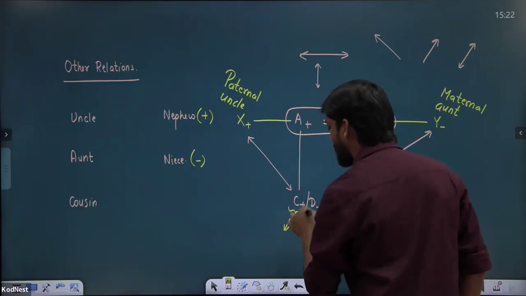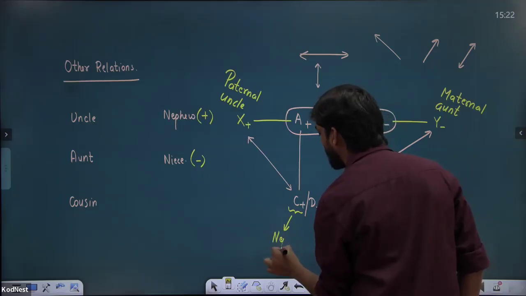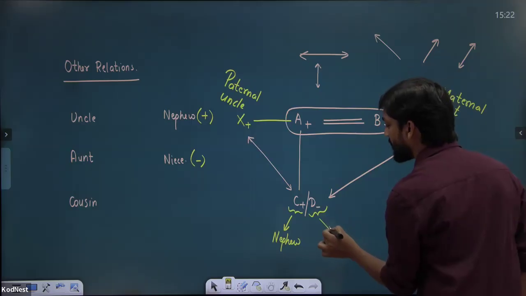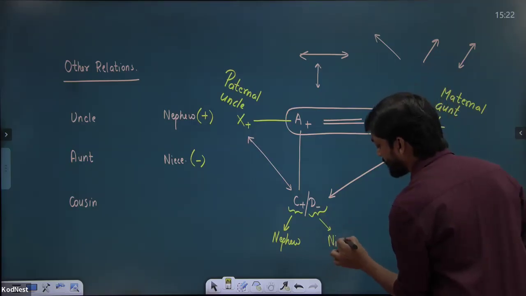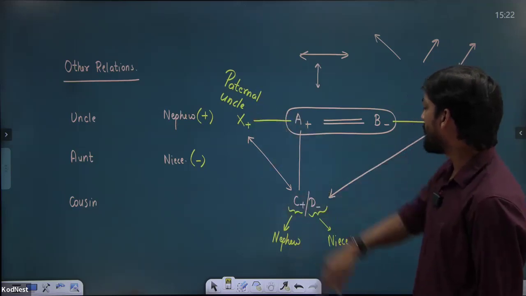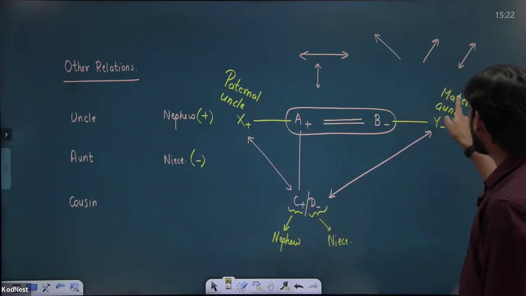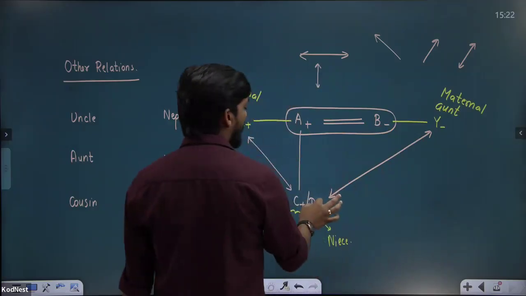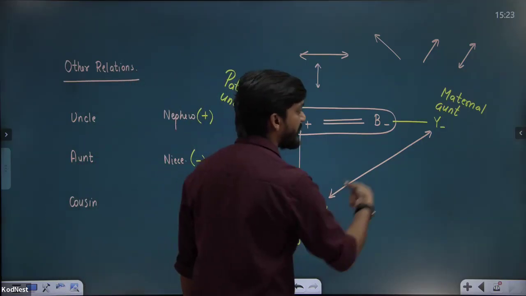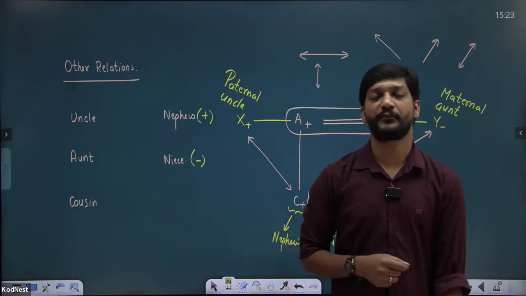So this C plus will be called as nephew and D minus will be called as niece. Okay. So C plus is the nephew of uncle. C plus is the nephew of aunt also. And D minus is the niece of X plus. D minus is the niece of Y minus also.